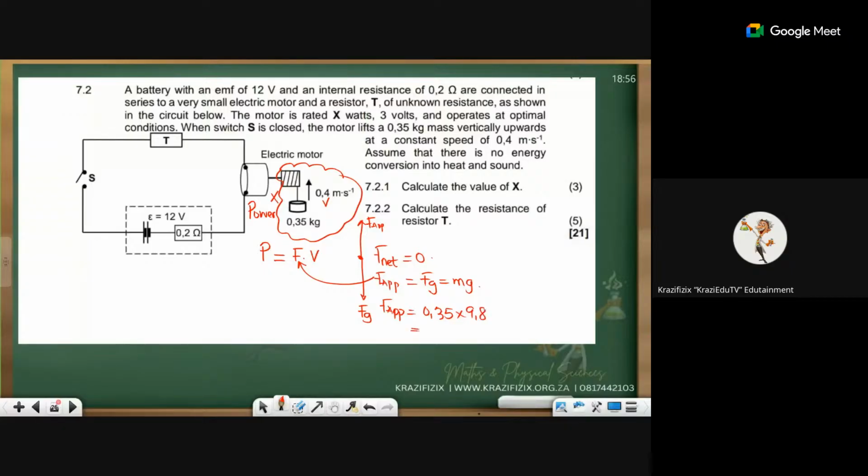What's your answer? 3,43 newtons. Now I can get my power, which is X. 3,43 times what is my constant speed? 0,4. What's your answer? 37 watts. So that's the tricky part of this.